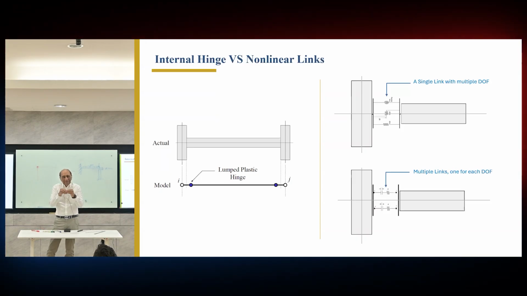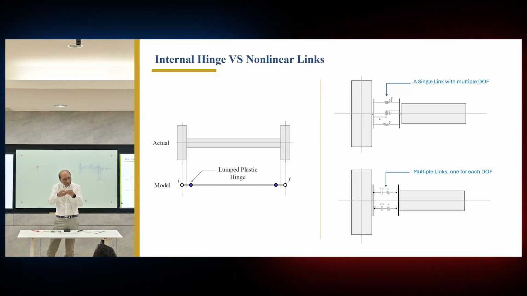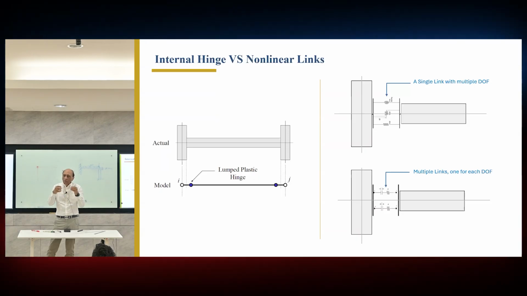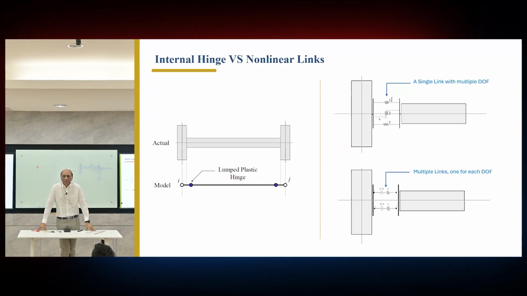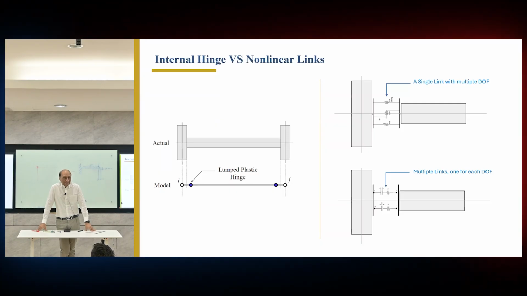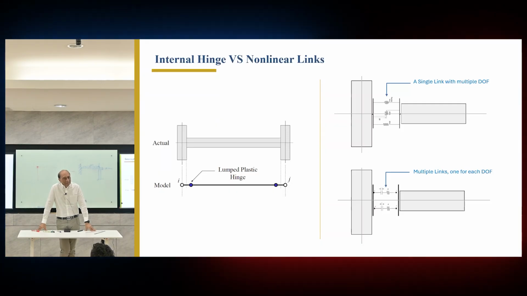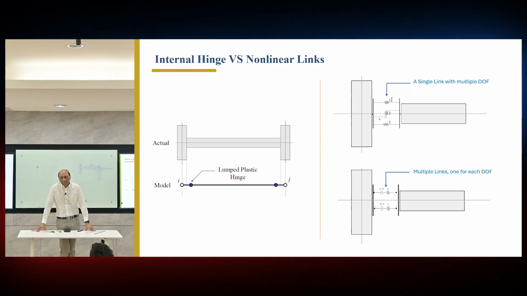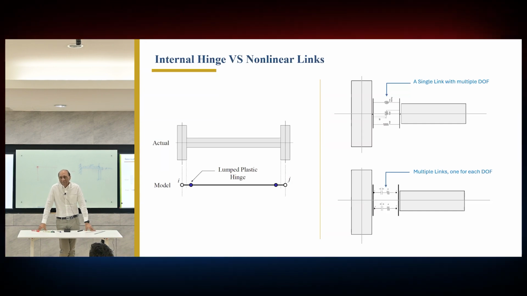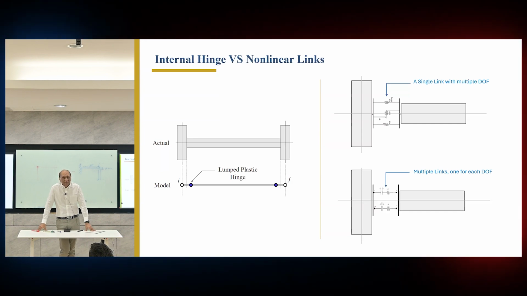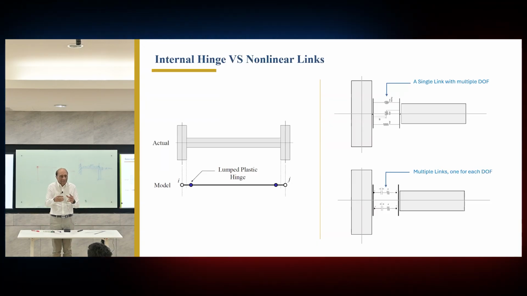One is that you put a hinge, assume that it will deform there. Second is that no, break it up and then link it one step at a time, 1 degree of freedom at a time, one behavior at a time. Some can be linear, some can be nonlinear, some can be free. So you can create very complicated connections by using nonlinear links by first separating elements and then reconnecting.